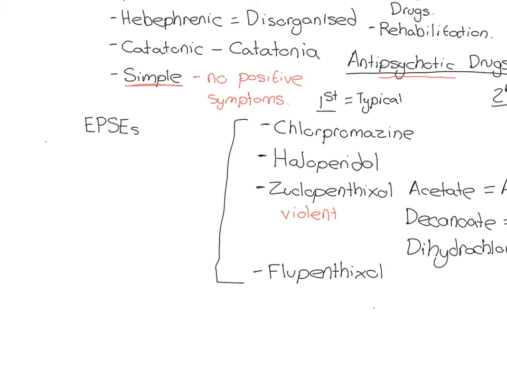EP is for extrapyramidal, and SE is for side effects. These are the side effects on the extrapyramidal motor system, which is the motor system beyond the primary motor cortex. So these are motor side effects. They affect the motor system.